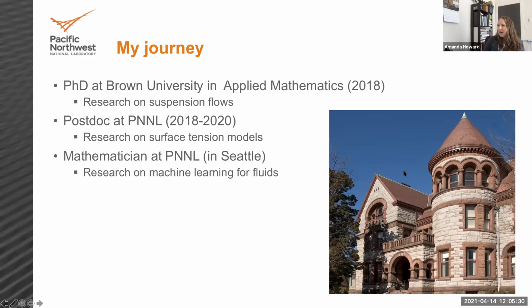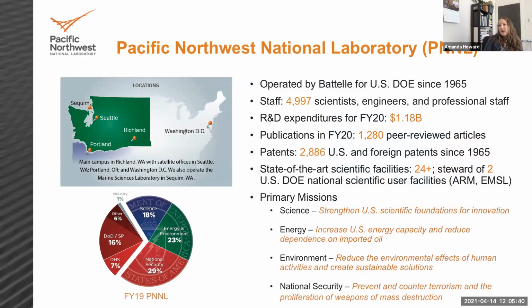So this is the applied math building at Brown, which is much prettier than PNNL's campus, much older. So PNNL is a DOE national laboratory, which is operated by Battelle. DOE is the Department of Energy. So PNNL's main campus is located in Richland, which is kind of in the eastern part of Washington state.